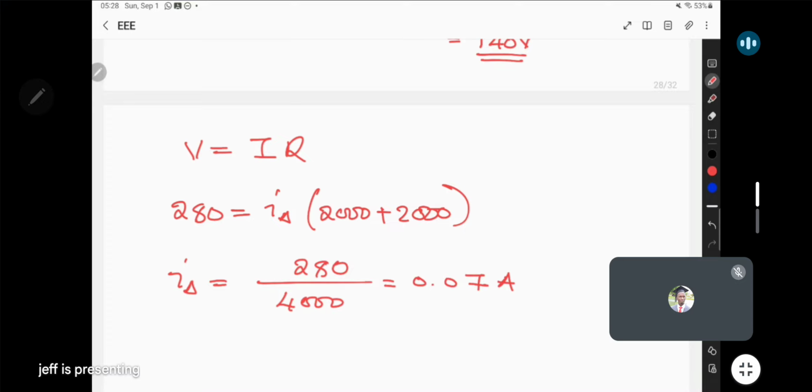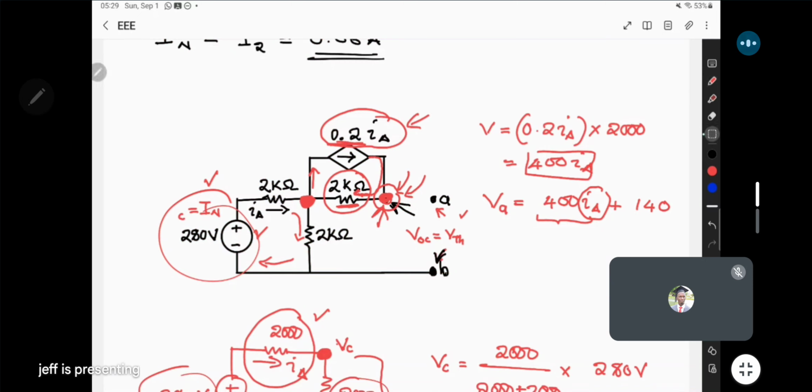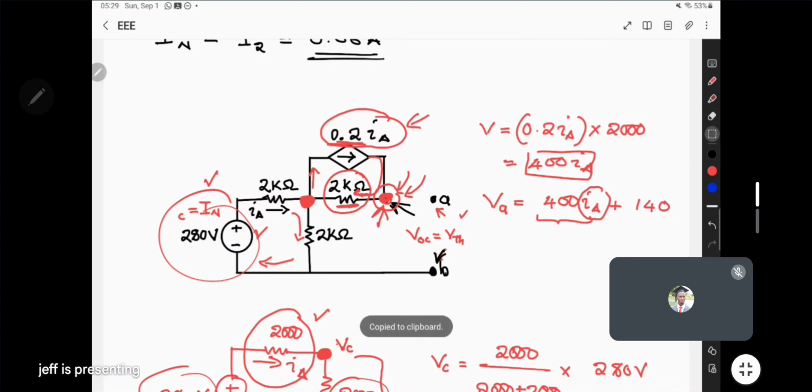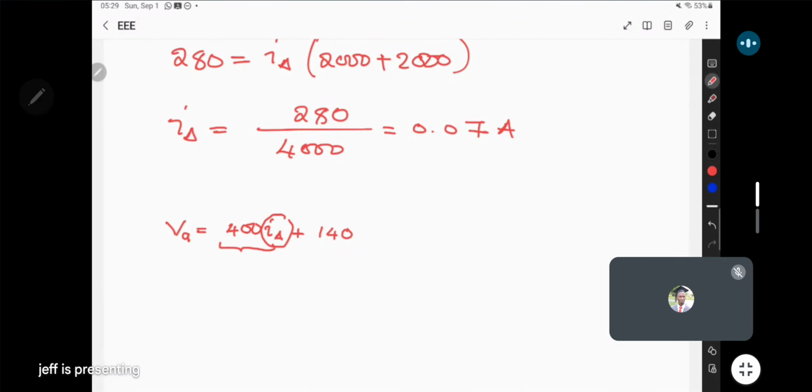Okay, so with I delta figured out, we can now get this expression for VA. Here VA is being calculated as the voltage due to the current supply there, and the voltage due to the voltage supply, how much they are contributing to that node. So in the end, VA will be equal to 400 multiplying 0.07 plus 140.